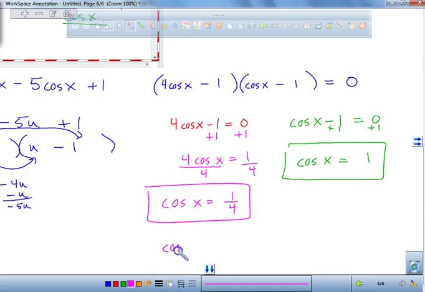What I want you guys to do right now, in degree mode, let's find the inverse cosine of 1/4. And over here, find me the inverse cosine of 1. Tell me what you get.